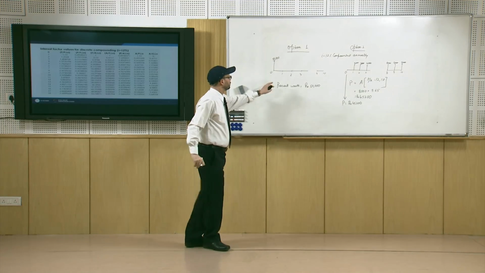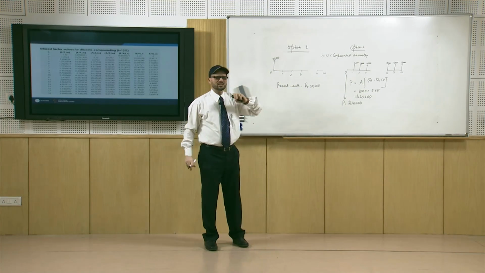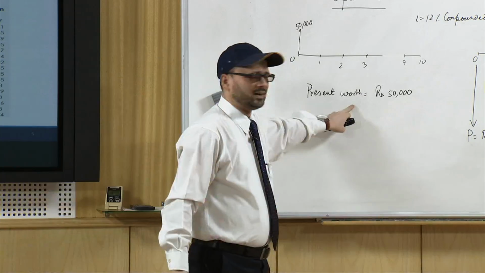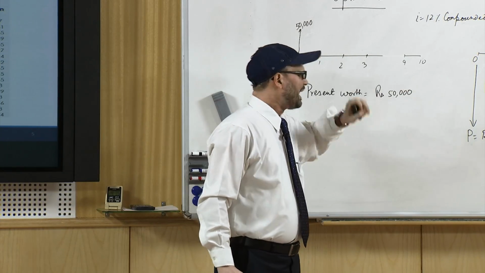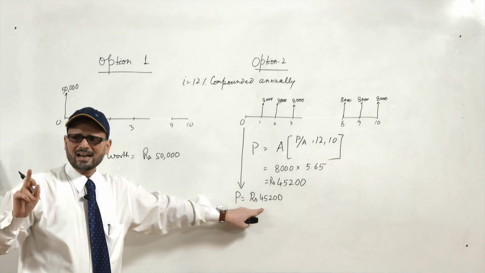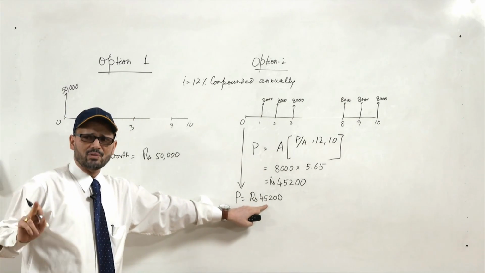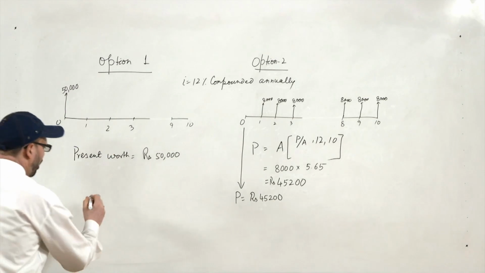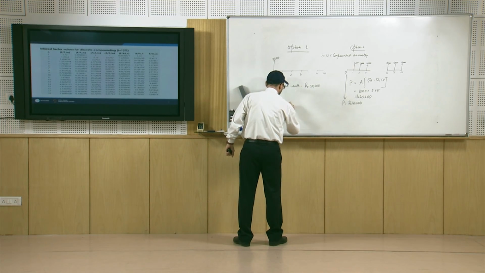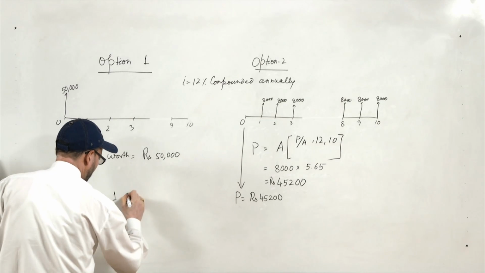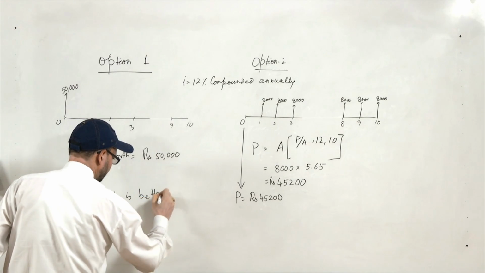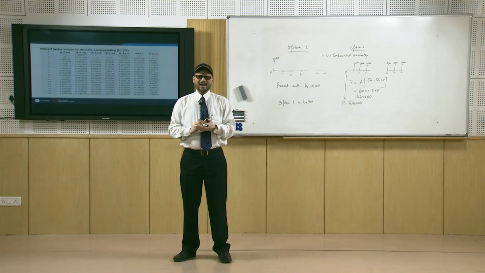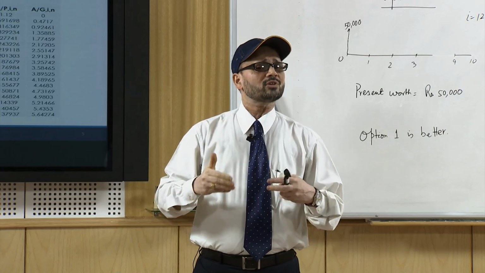So, now you can compare these two, and obviously in option 1 you are offered rupees 50,000, whereas in option 2 what you are getting at present is worth rupees 45,200. It means option 1 is better for you. So, in this way we can come to a decision which option will be better.